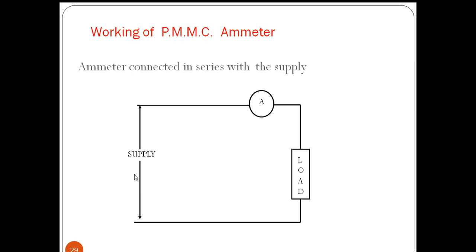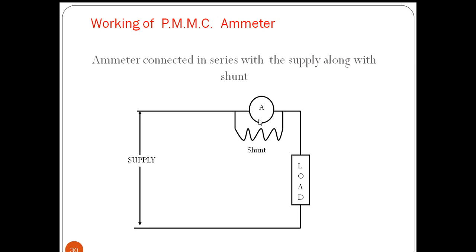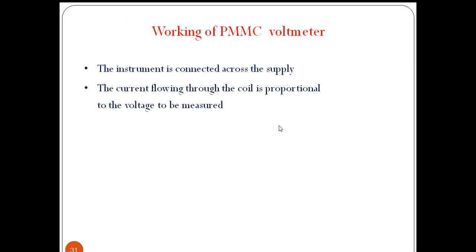The ammeter is always connected in series. And to increase the range of the meter, we connect a shunt in parallel to the meter. Now we will see how this PMMC meter works as a voltmeter.